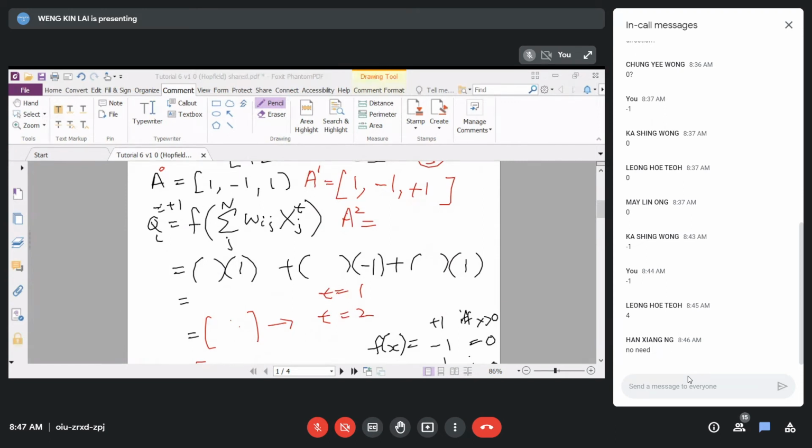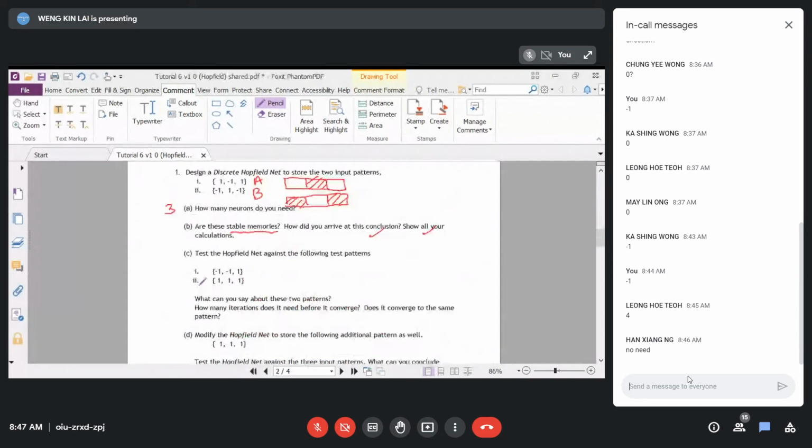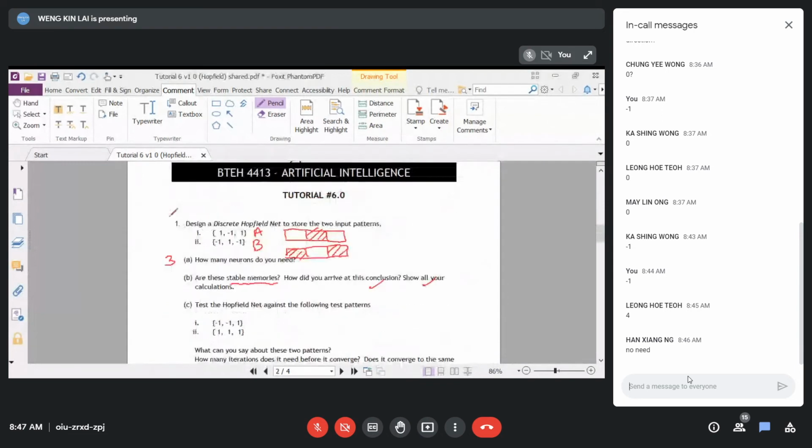It will still be the same, right? So you don't need to calculate unless you are not sure. This means the system has converged to that stable state. So A is stable.